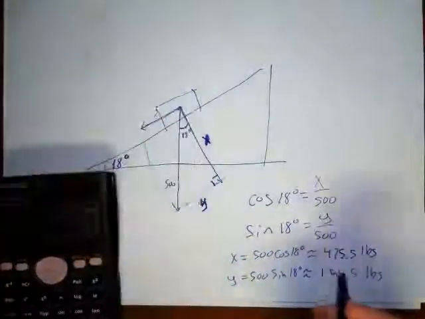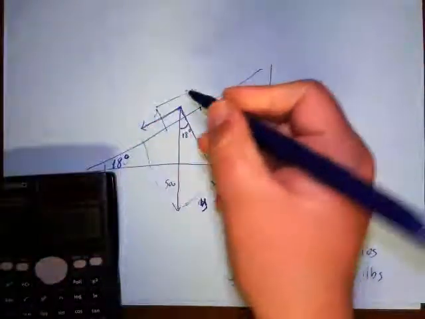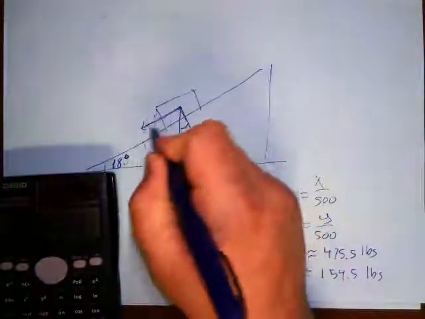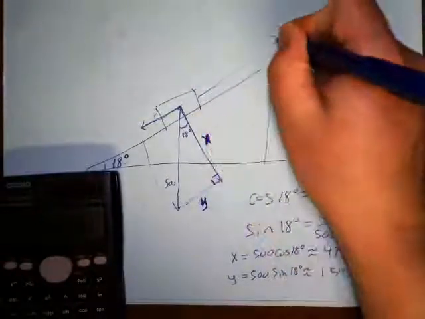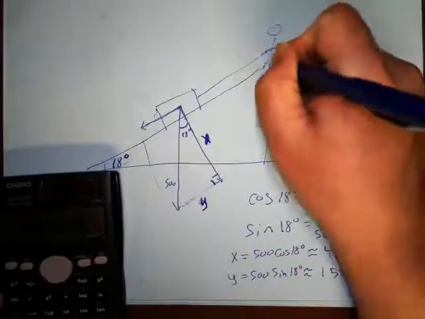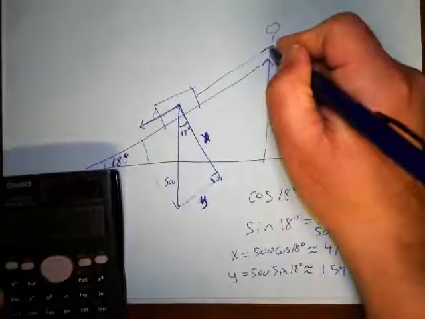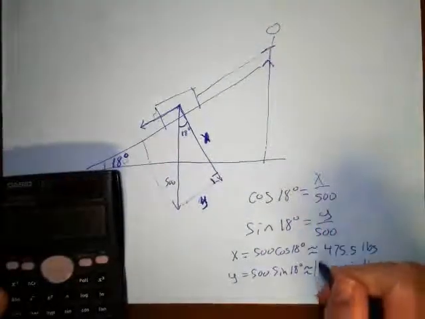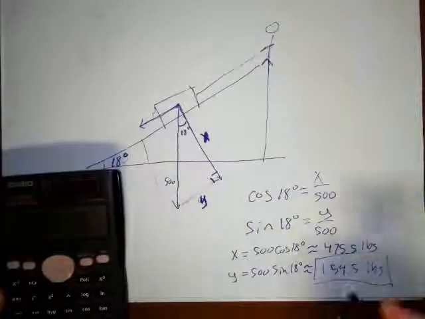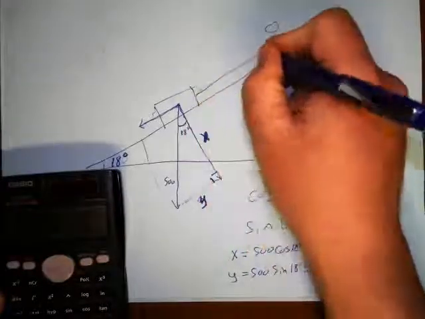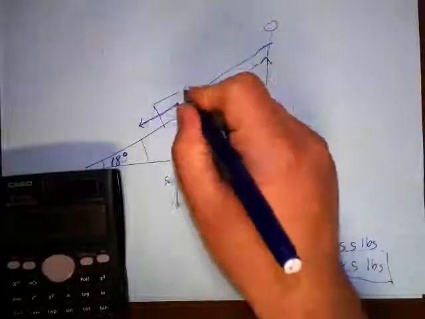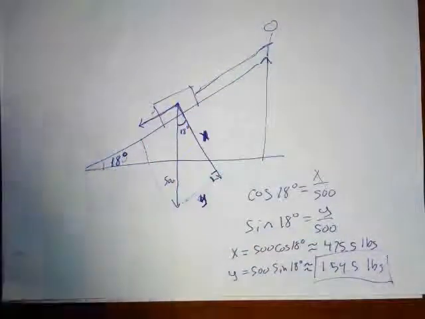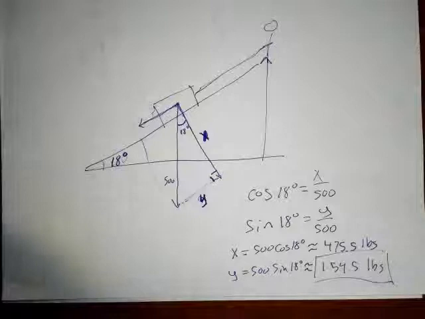And this is then the amount that's going parallel to the ramp. So the rope is here and the person is holding this up. So this would be the amount of weight that the person here would have to exert in the opposite direction to keep the weight from moving down the ramp. 154.5 pounds.